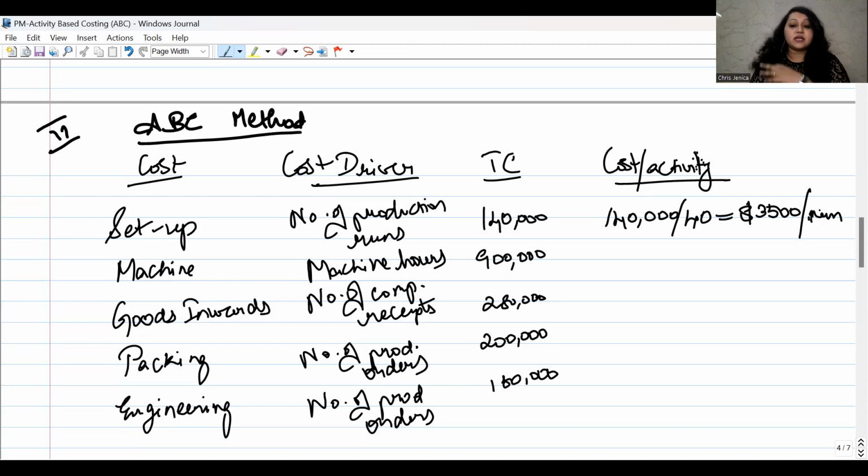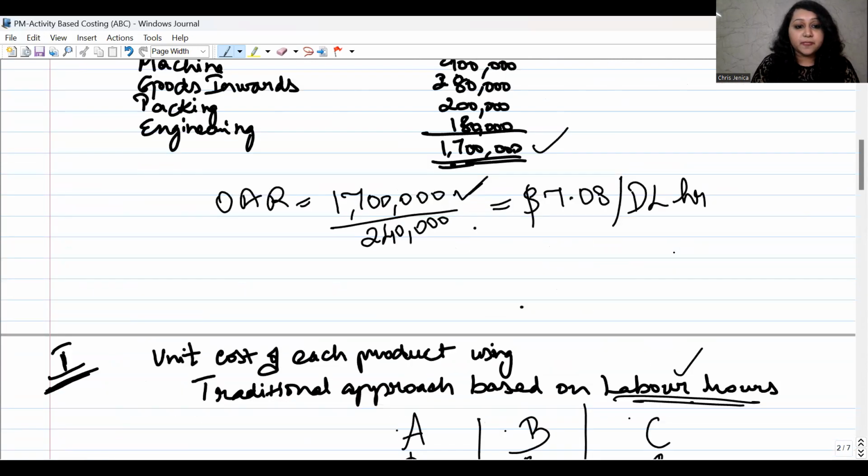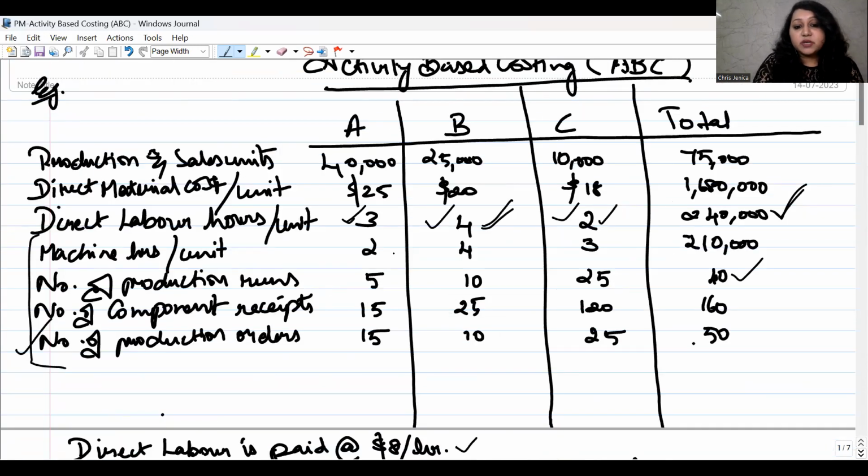Then you have machine cost of 900,000. This 900,000 is dependent on your machine hours. How much are your machine hours here? 2 machine hours for product A, 4 machine hours for product B, and 3 machine hours for product C. So in total, it's going to be 210,000. How did you arrive at this? 2 machine hours per unit, and how many units are you going to produce? 40,000 units.